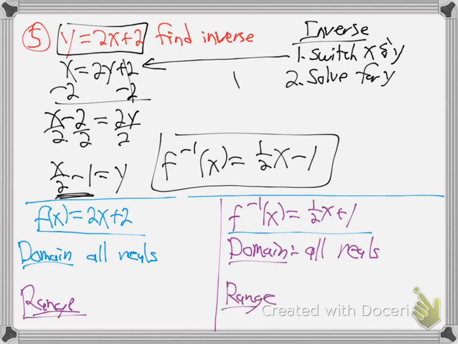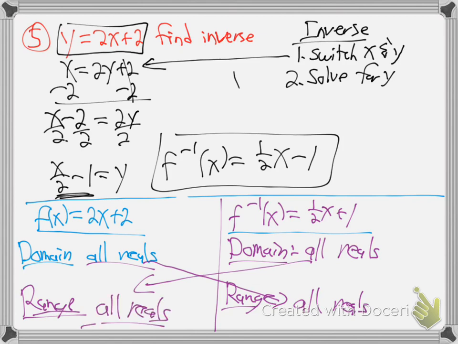And remember, for an inverse function, you're inverting everything, which includes domain and range. So domain of the original function inverts and becomes range of the inverse, which is all reals, and vice versa. So basically everything is all reals on this one. Next one will have a little more interesting result.